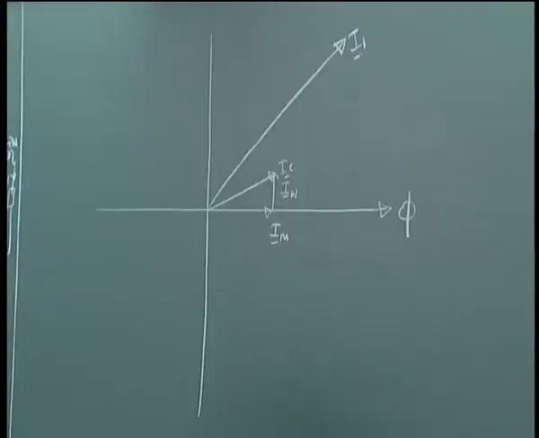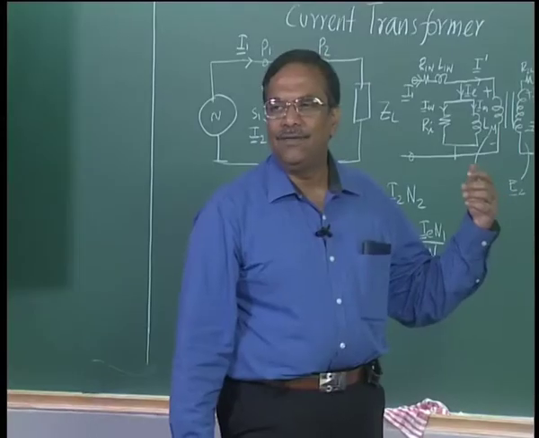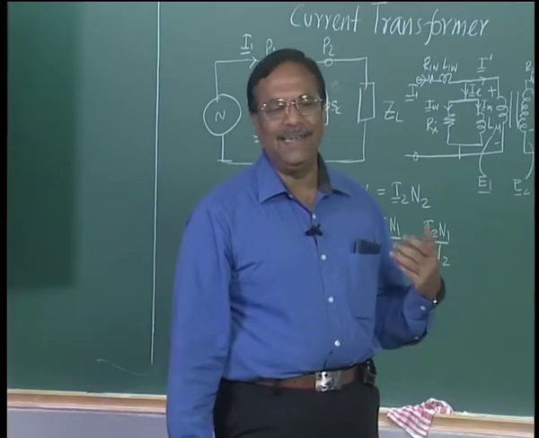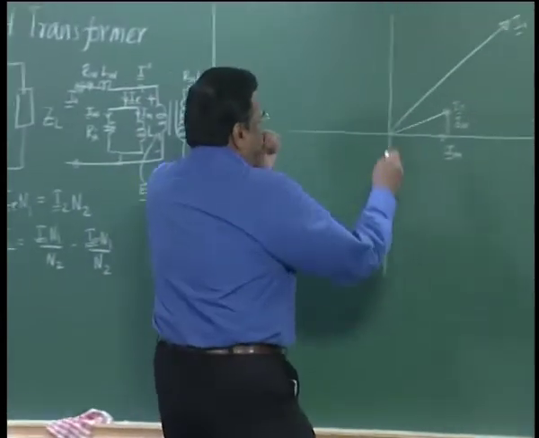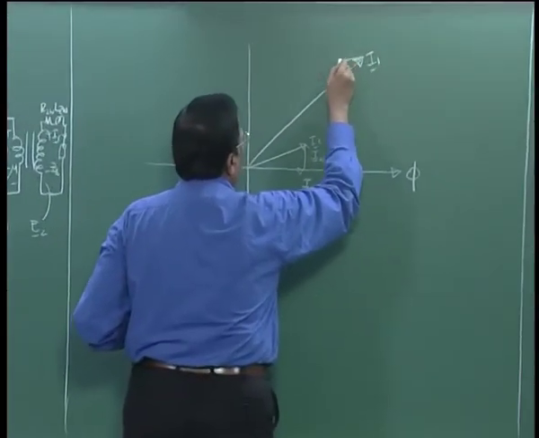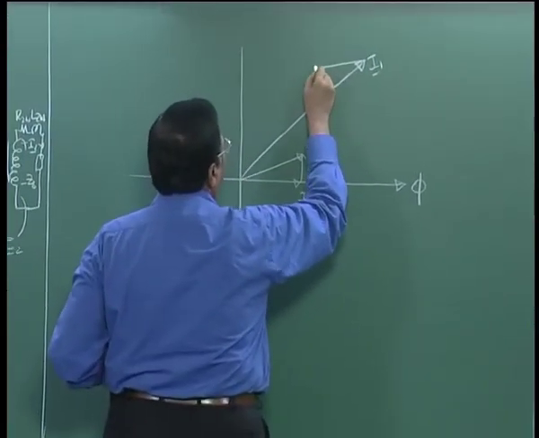So, we now know that from I1 I have to subtract the excitation current IE to get I1 prime, right.